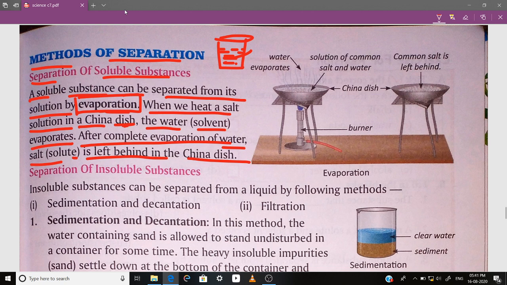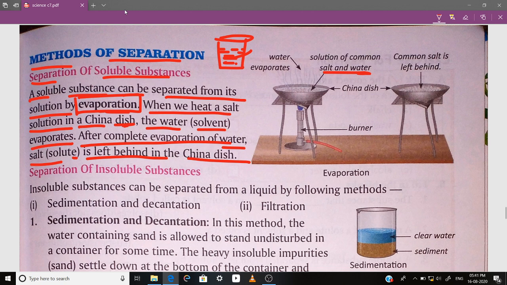As you can see here, we are having a burner and a stand on which the china dish is placed, and in it we are having a water and salt solution. Now we are heating the china dish. What happens?